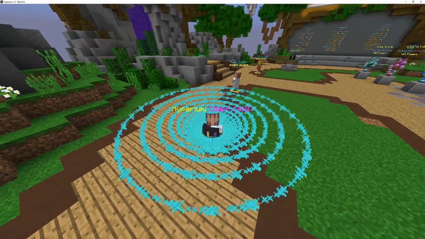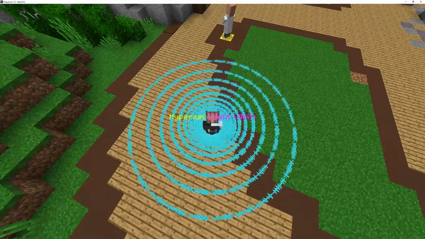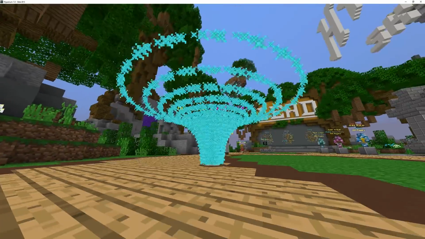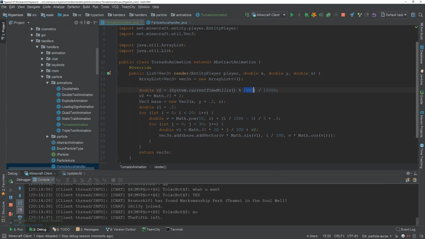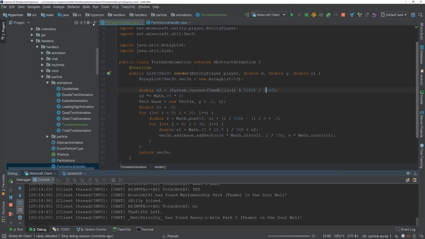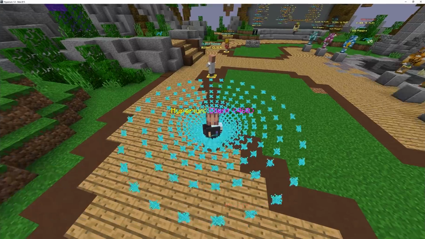So that's spinning pretty fast. We're gonna need to slow that down. So we're gonna make it so it takes 5 seconds to complete a full revolution, in theory.